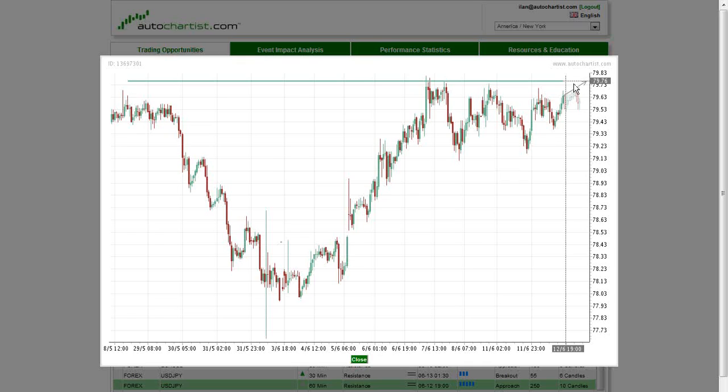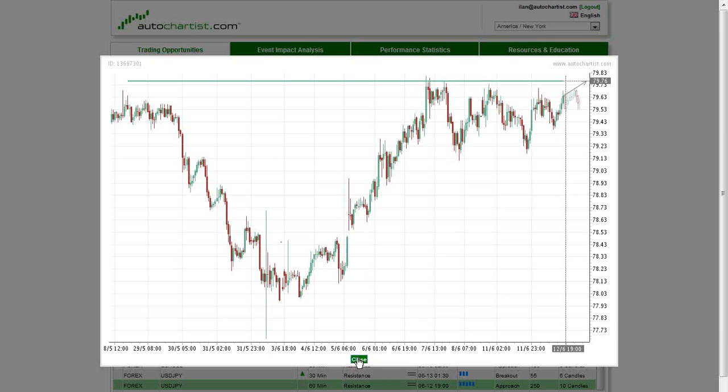Or you could take another view and say, it got close enough, I think it's turning around and it's going to be a failed breakout, and I can go short on this. Really, it's your view. And I think the point of Autochartist is quite clear: we don't try to provide you with buy, sell signals. Autochartist provides you with opportunities that you can look at further.